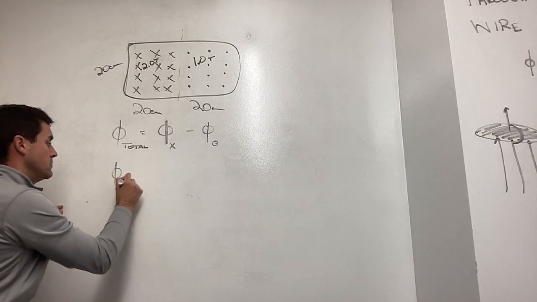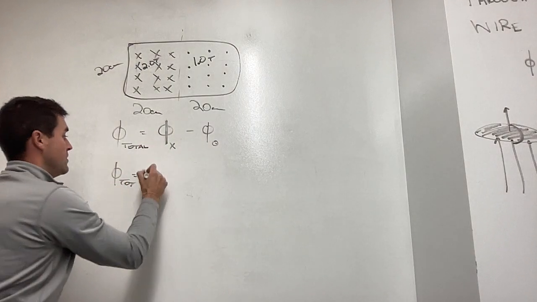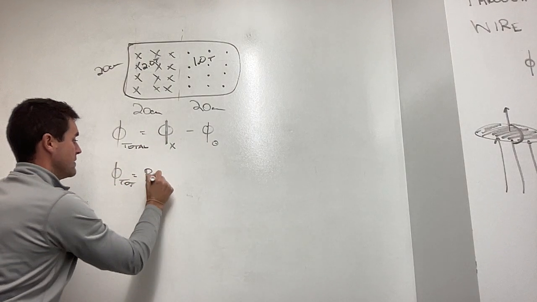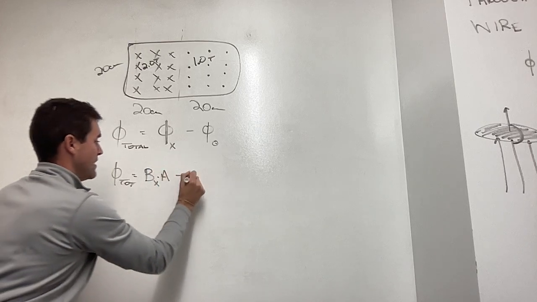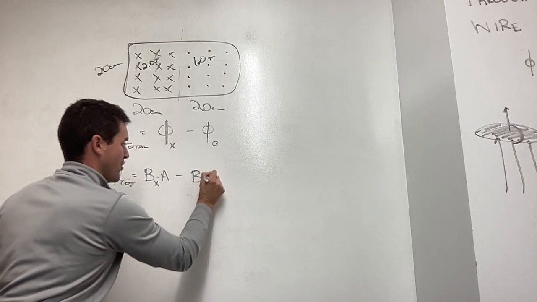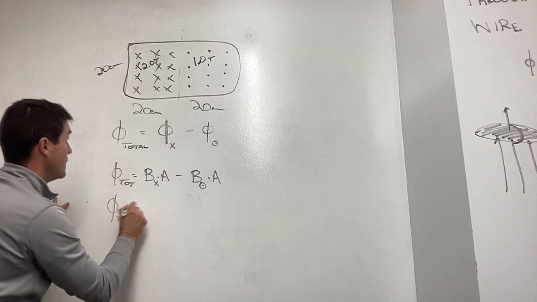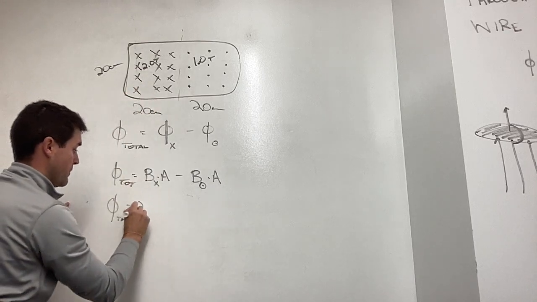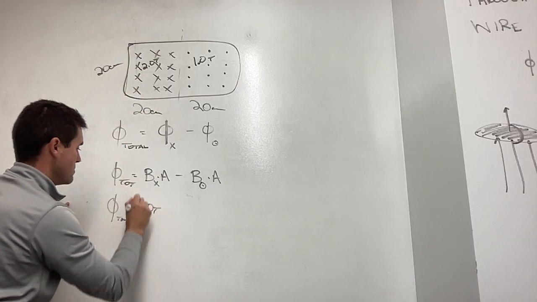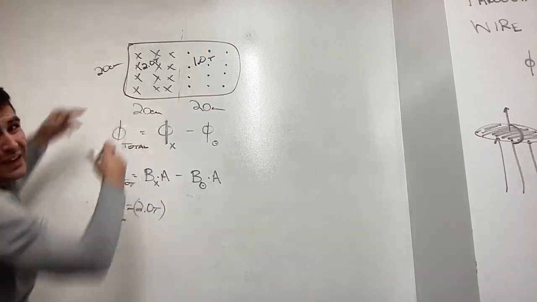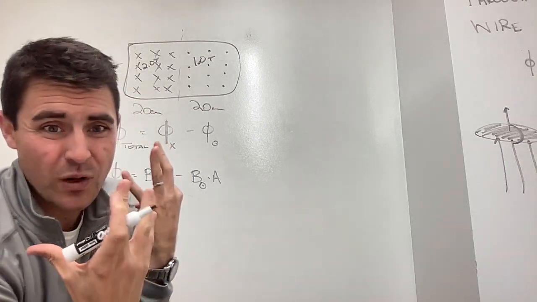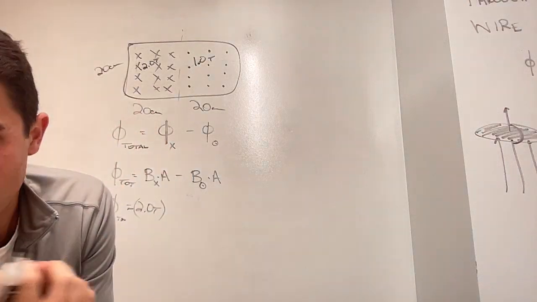The total is equal to the B into the page times the area, minus the B out of the page times that area. What's the B into the page? It says in my picture, 2.0. What's the area? Well, my area needs to be in square meters, not in square centimeters, so we've got to convert that.